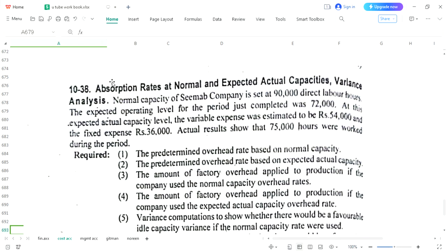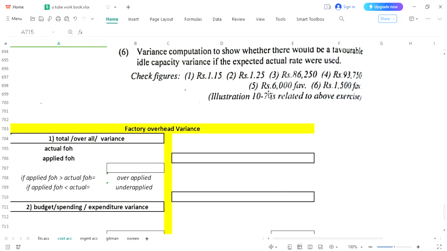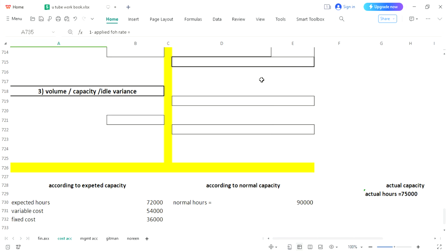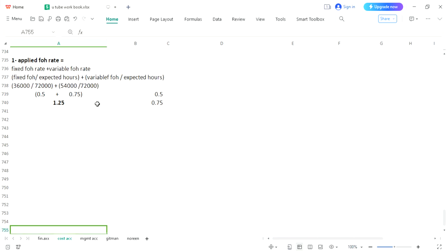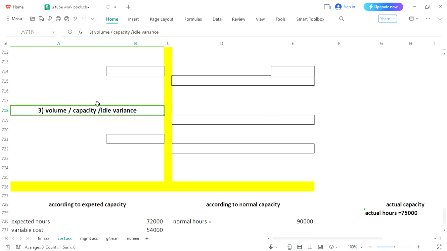Second requirement was predetermined FH rate based on expected capacity, and we have done the second part first, and after this we will solve the first requirement as well. You can see the second answer is 1.25 and what we have calculated is also 1.25. So the first rate has been calculated.